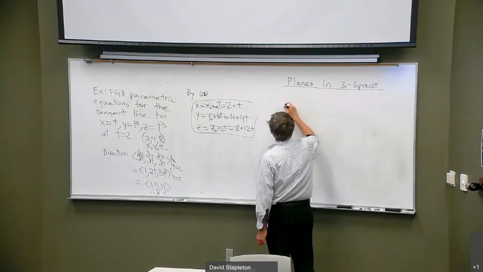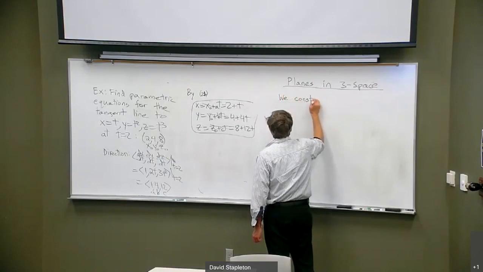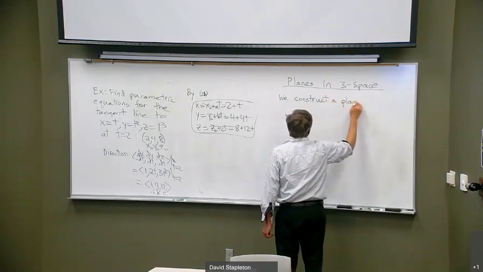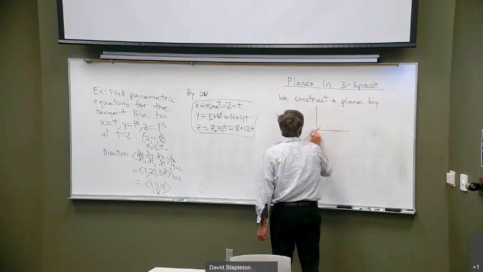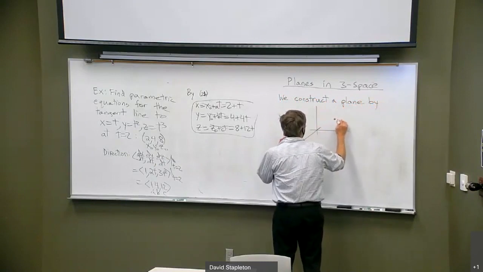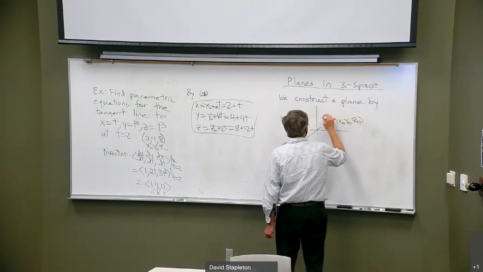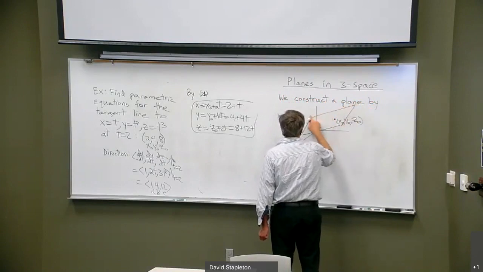Now, how can we describe a plane? We construct a plane in a somewhat analogous fashion. We consider any point on the plane in three-space, x0, y0, z0, and we'll draw it like this. We make sort of a parallelogram, and it looks like a tilted rectangle.